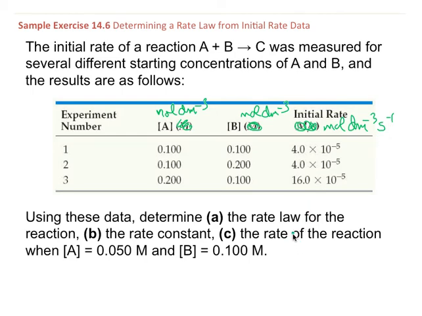So using this data, determine the rate law for the reaction, the rate constant, and the rate of the reaction when the concentration of A is 0.05 moles per decimeter -3 and 0.1 moles per decimeter -3.